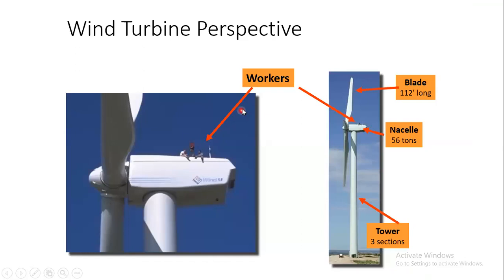Then, coming to the wind turbine, these are the workers placed and working on their particular tasks. The blades are 112 meters long, the nacelle weighs 56 tons, and the tower is in three sections.